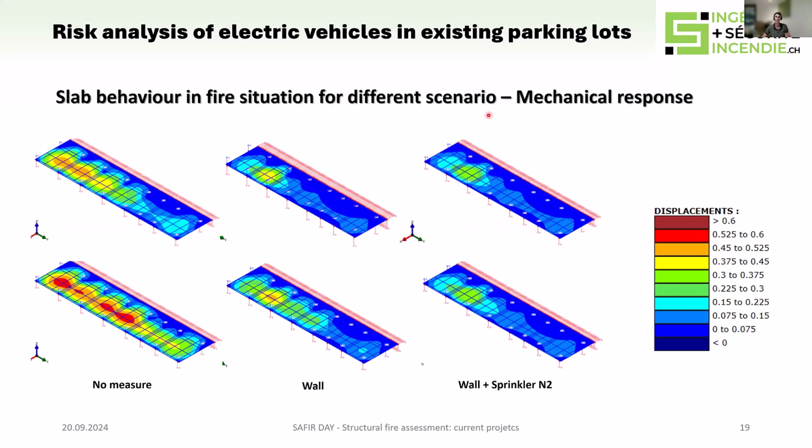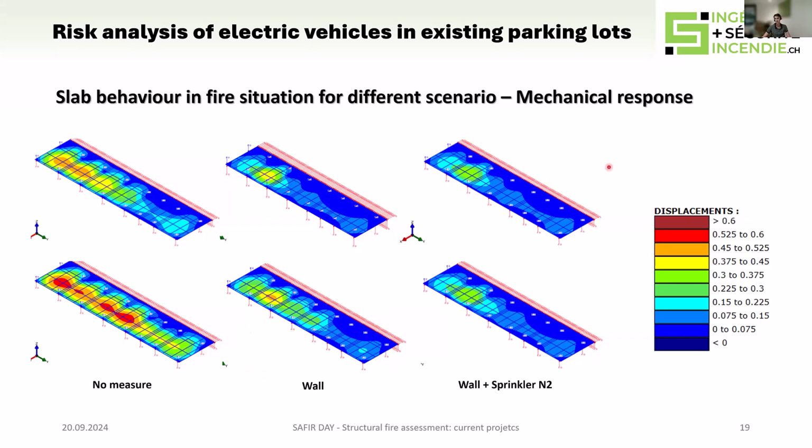So of course, we used the CFD results in order to couple with SAFIR to get the mechanical response of the concrete slab. So on the top, we have the situation after 30 minutes, and on the bottom, the situation after 60 minutes.